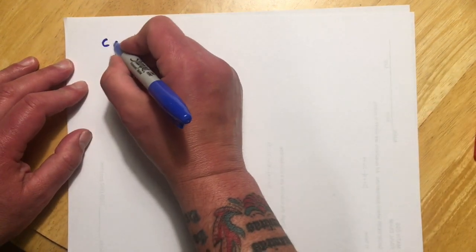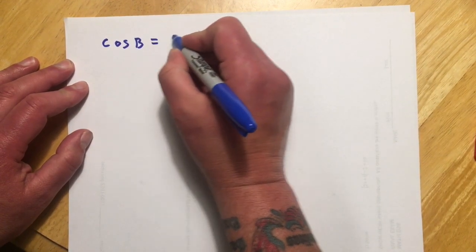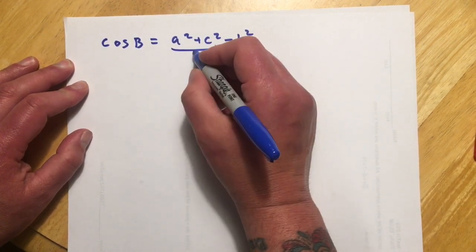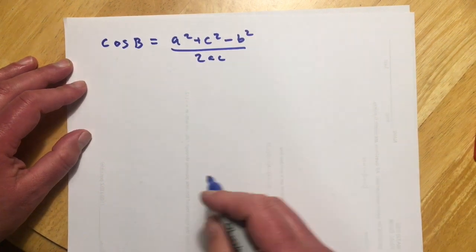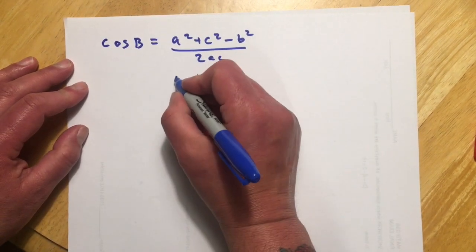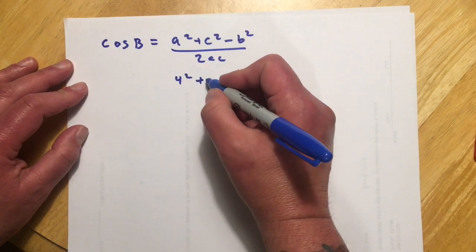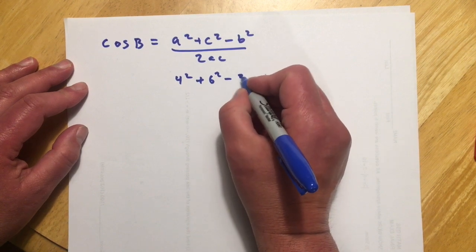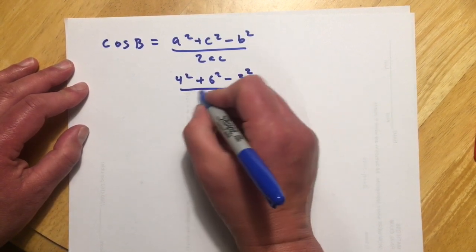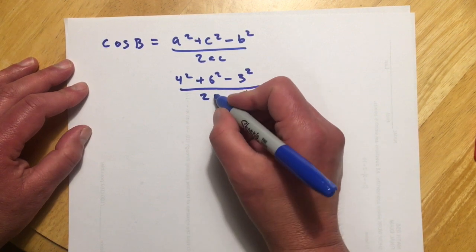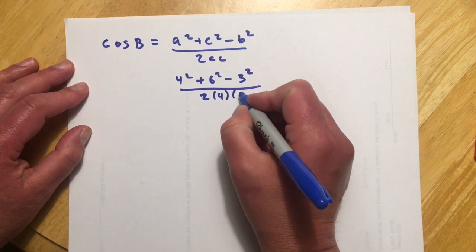Go on to another piece here. I did the exact same solve and came up with cosine b equals a squared plus c squared minus b squared over 2ac. Same steps as last time. A was 4, c was 6, and b was 3, so that's over 2ac, so 4 times 6.